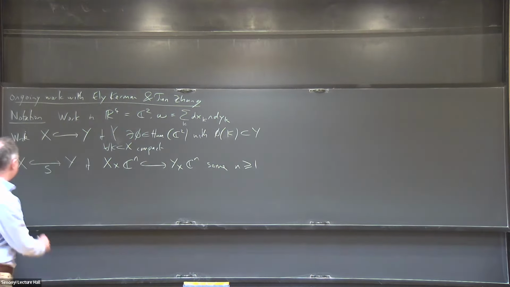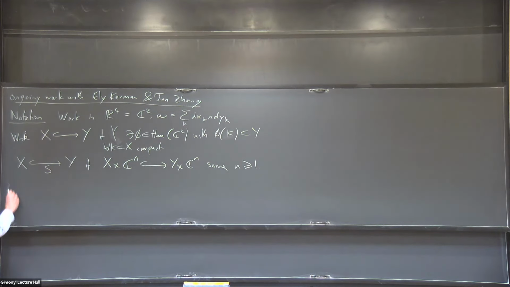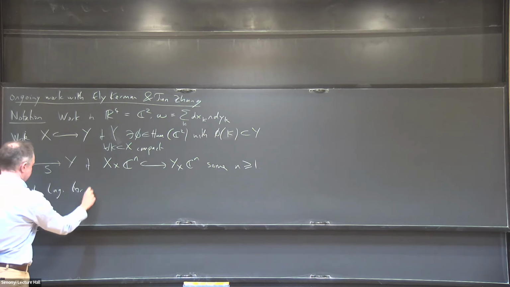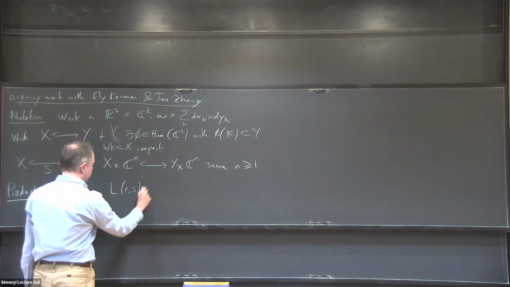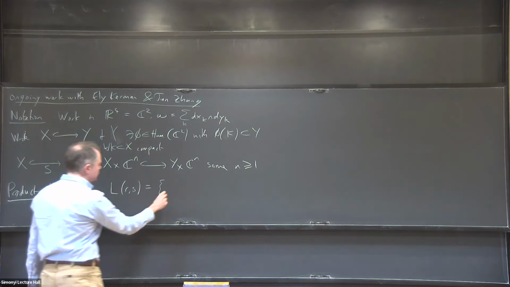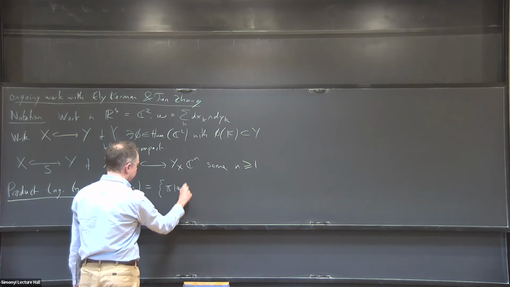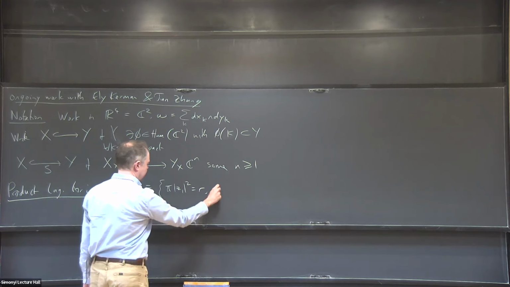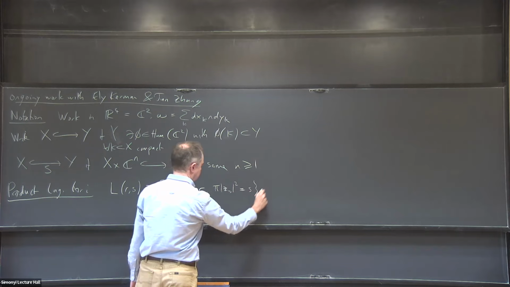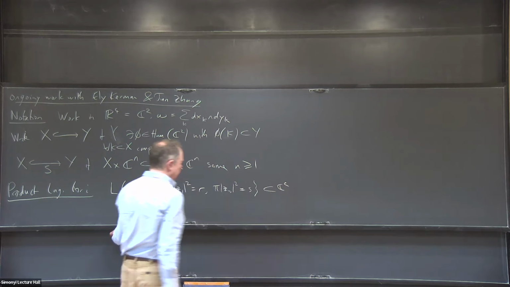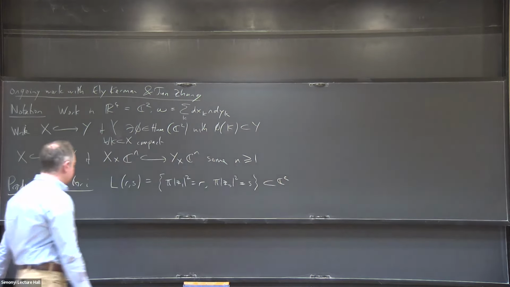So I want to focus on Lagrangian tori and examples of these, or the product Lagrangian tori. So L(R,S) is a subset of C2, I write it pi Z1 squared equals R, Q squared equals S. Right, so that's a Lagrangian torus.